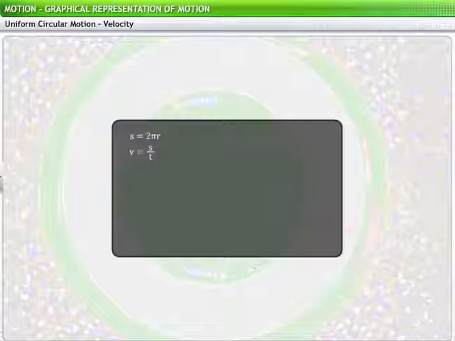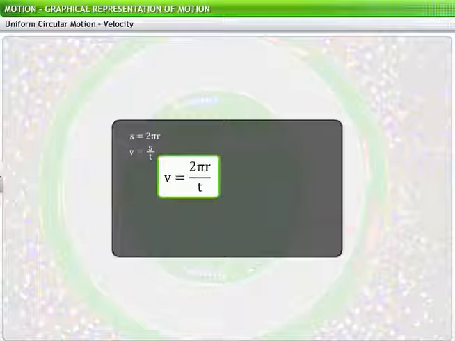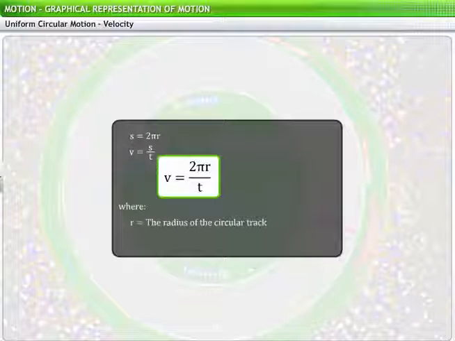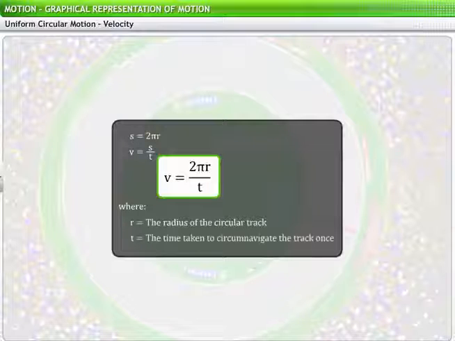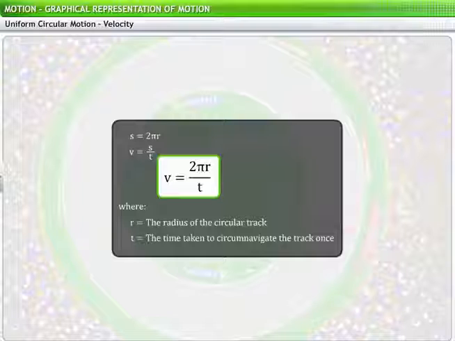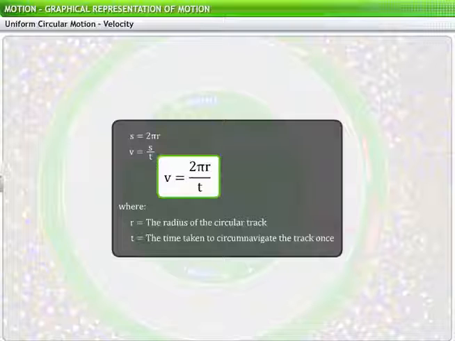Hence, the speed of an object in uniform circular motion is V is equal to 2 pi r divided by t, where r is the radius of the circular track and t is the time taken to circumnavigate the track once. Thus, you can use this formula to determine the speed of an object in a uniform circular motion.